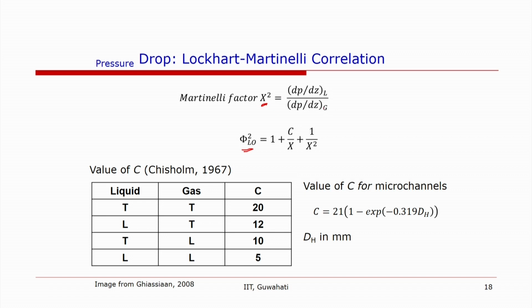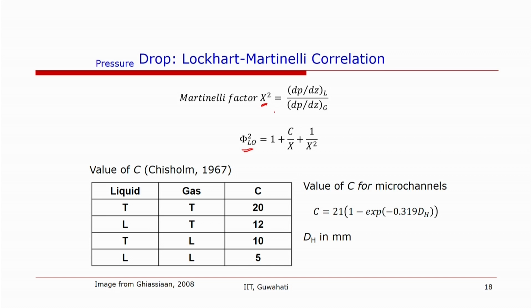We know this from here, and we already know how to calculate the dP by dZ in liquid and gas cases. One can calculate the Reynolds number for the liquid phase and gas phase, and use the appropriate correlation, either f equal to 16 by Re or f equal to 0.079 Re to the power minus 1 by 4, the Blasius correlation. So, one would have obtained X from there.